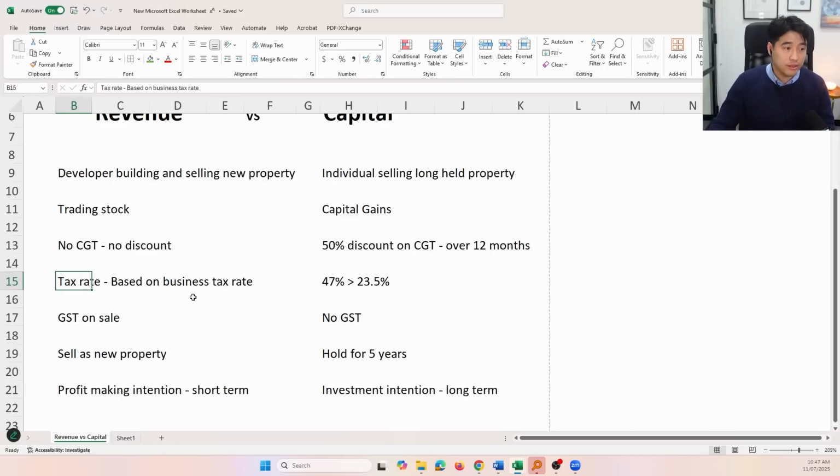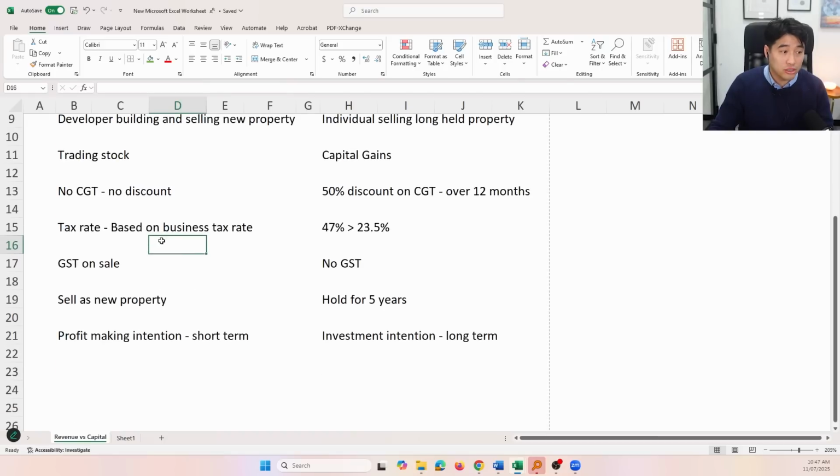Because it's in your personal name and the ATO classes you as a business, they'll see that your tax rate is 47% because you made a bucket load of profit on it, and they'll tax you 47%. That's if you sold it and your intention was to knock it down, rebuild, and not live in it. Okay, that's the example that we're providing.